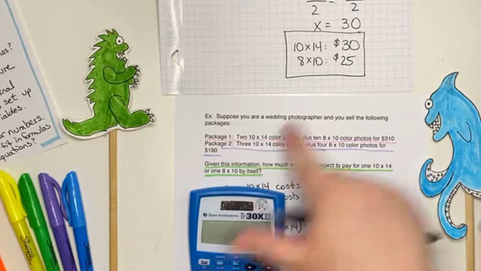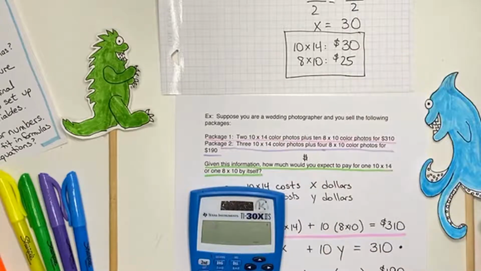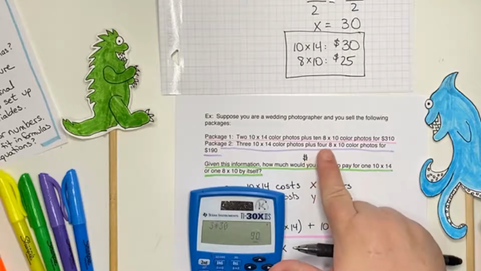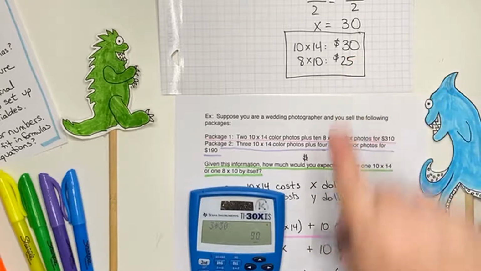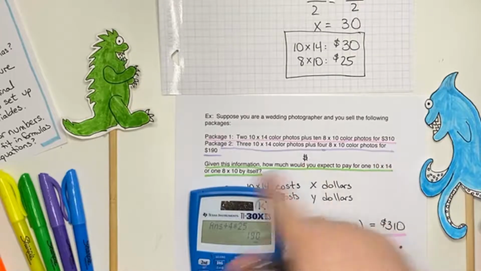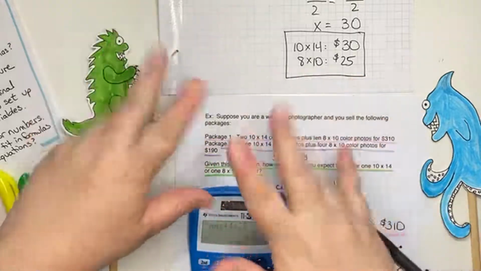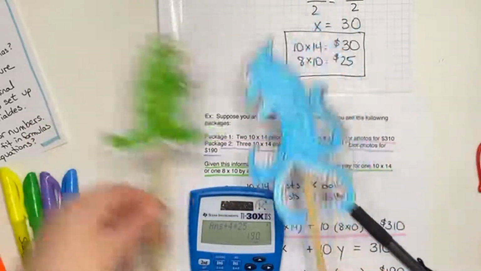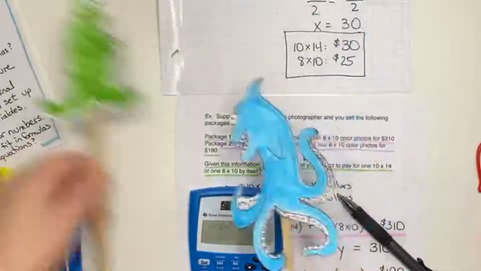And then 3 10 by 14, 3 times 30, that's 90. Plus 4 8 by 10s, 4 of those. So I do plus 4 times 25, that's 100, so it's 190. It's 190. Woohoo! Yay! We survived the final countdown.